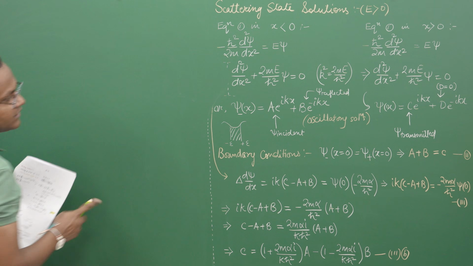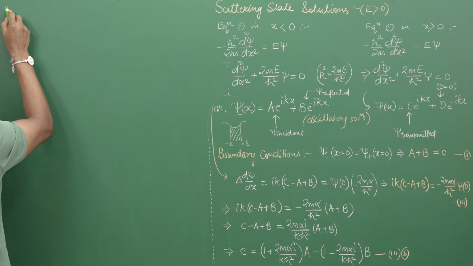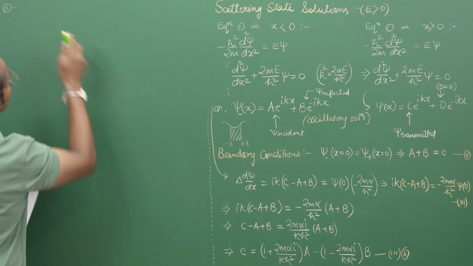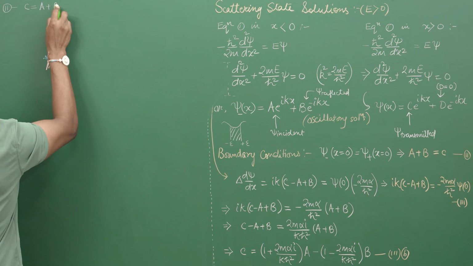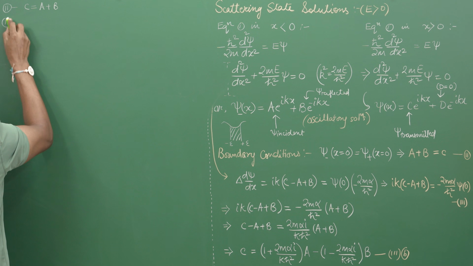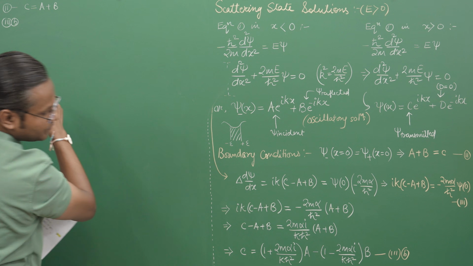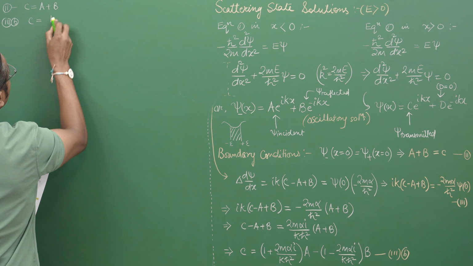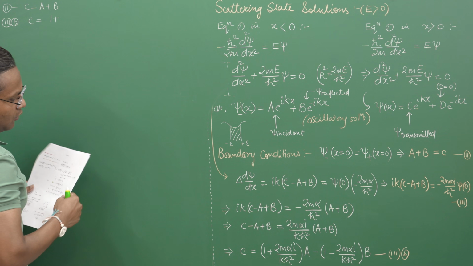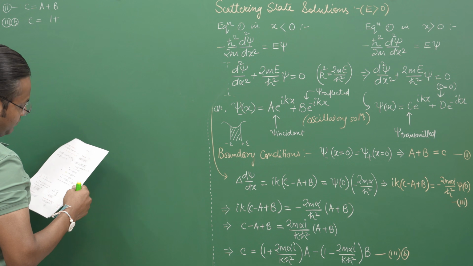So we have obtained in point number 2 that c is equal to a plus b, and in point number 3b that c is equal to 1 plus, I'm going to write all of this constant as beta, okay.